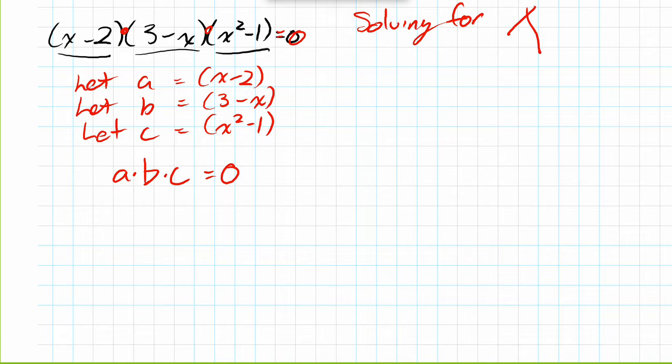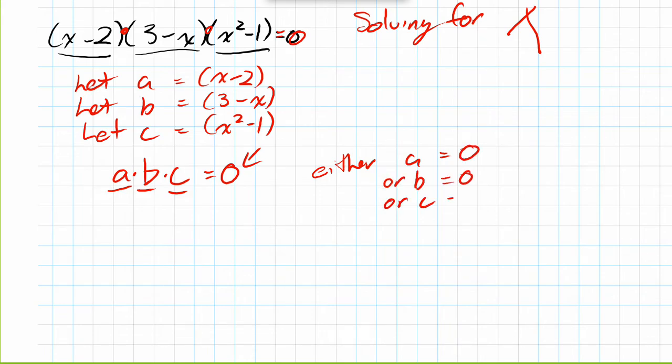And what's neat is pretty special things tend to happen around 1 and 0 in mathematics. This is multiplication. And in order to multiply to a number 0, you have to multiply by a very specific number. And that number happens to be 0, which means either a equals 0, or b is equal to 0, or c is equal to 0.